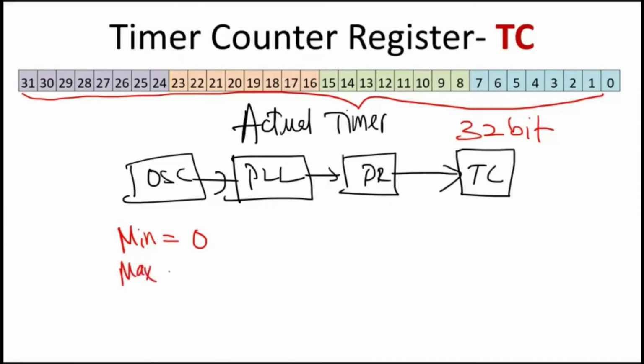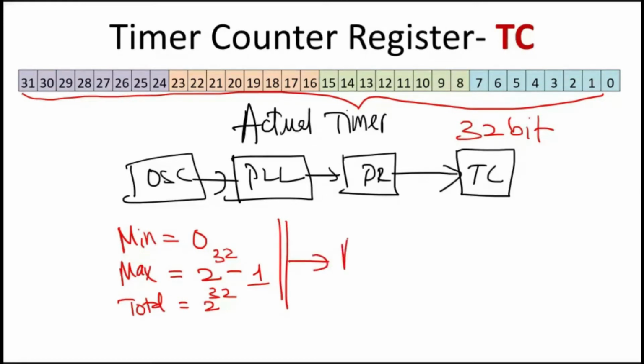Maximum count is 2 power of 32 minus 1. Total count is 2 power of 32. By the sheer 32-bit value, it can generate any higher delay period.